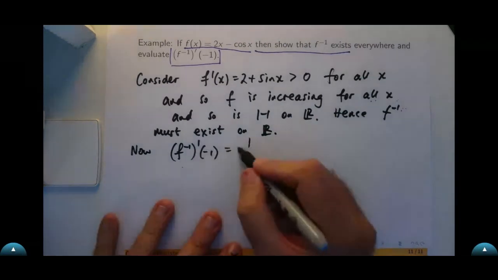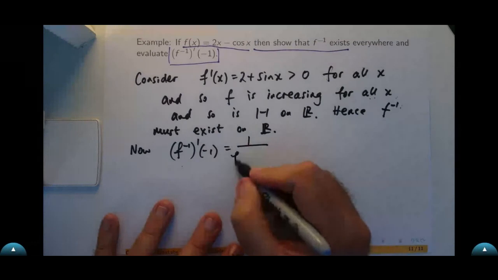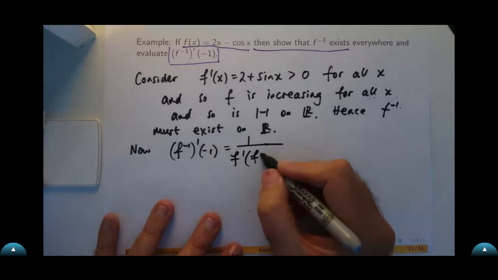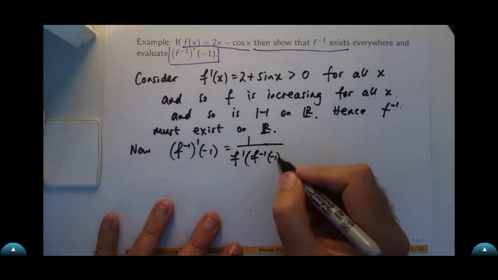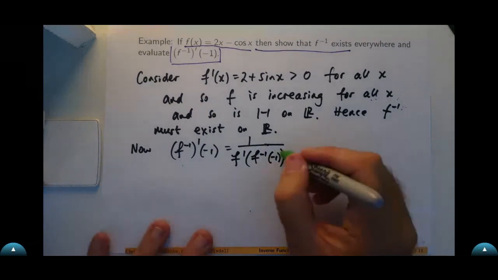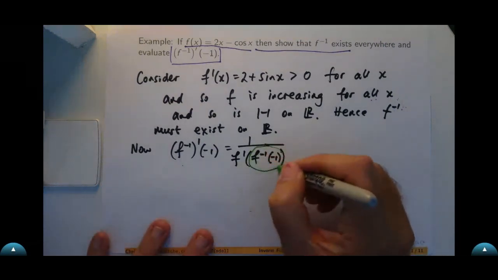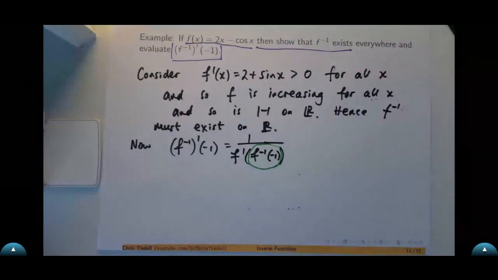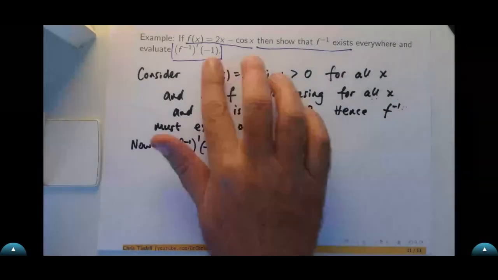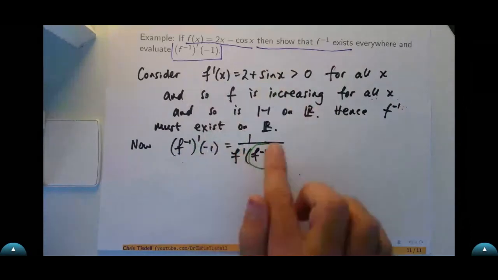Okay, so we know from the previous slide that we can just use this formula using the chain rule. So really what we want to do is work out that. Once we've worked out that, we can stick it into the derivative of the function and work it out.